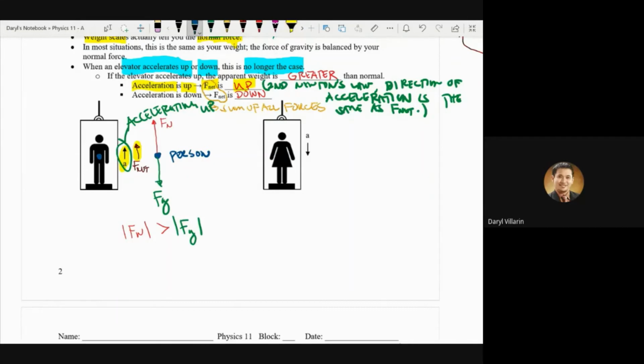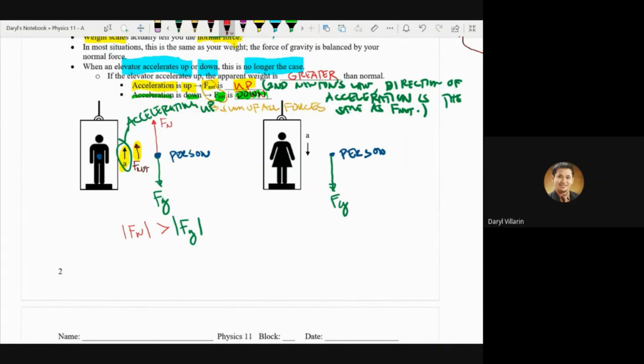So in the second drawing, again, if this is the person, the person is only acted upon by two forces here. I have Fg that is directed downward. And if you can see, the acceleration is going down, which tells me that F net is also down.